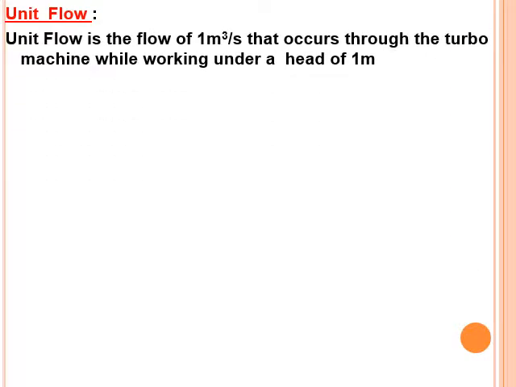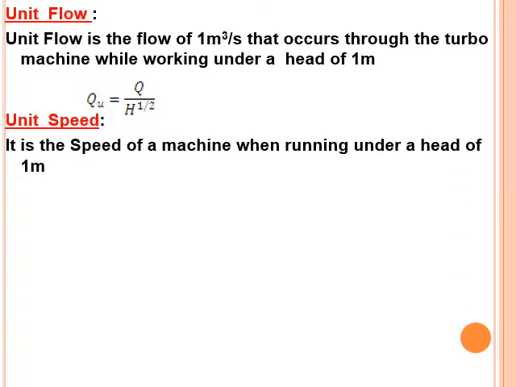Now in this slide, all three unit quantities are summarized. The unit flow, the flow of 1 meter cube per second that occurs through the turbo machine while working under a head of 1 meter, is given by the expression QU equals Q by H power half. The unit speed is the speed of a machine when running under a head of 1 meter, given by NU equals N by H power half.